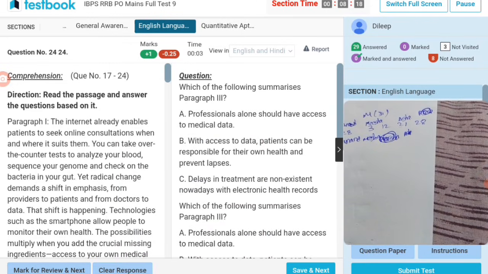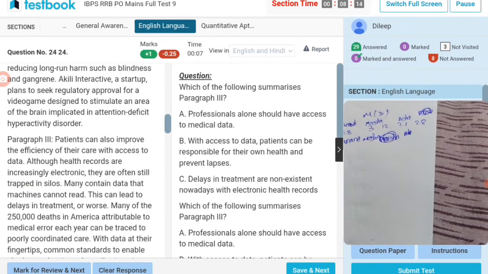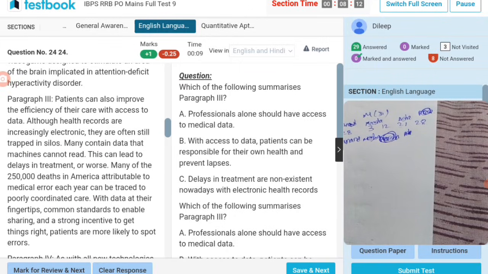Which of the following summarizes paragraph 3? So patients can also improve the efficiency of their care with access to data. Although health records are increasingly electronic, they are often still trapped in silos.